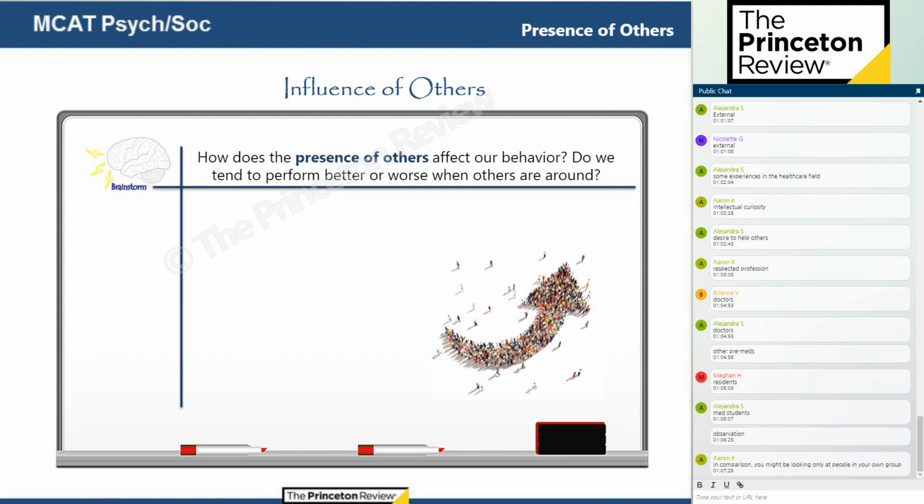Okay, more about presence of others. How does the presence of others affect our behavior? If we look at what's going on in this graphic, what does this graphic suggest about what happens when people are all together in groups?